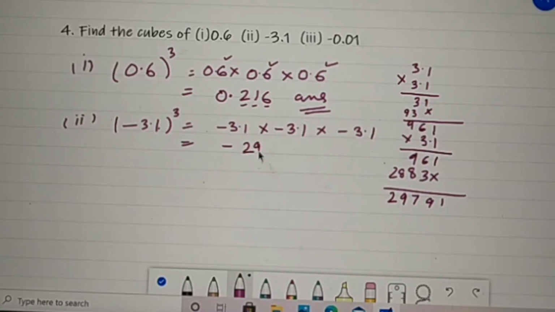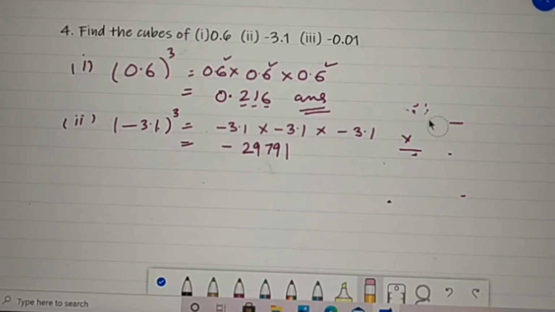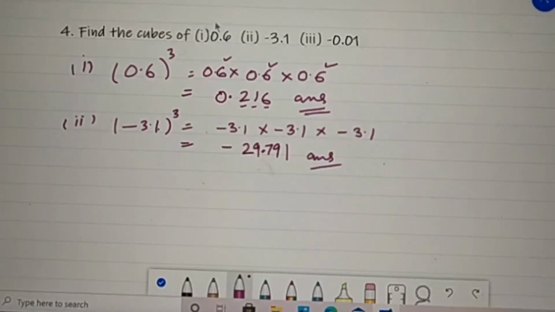We write 29,791 and then we put the decimal. We have 3 digits in the decimal part, so we count 1, 2, 3 places and we put the dot here. So this is the answer, 29.791. Now next we have the third number.